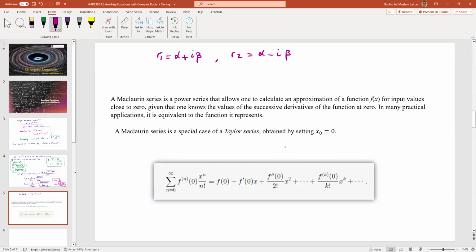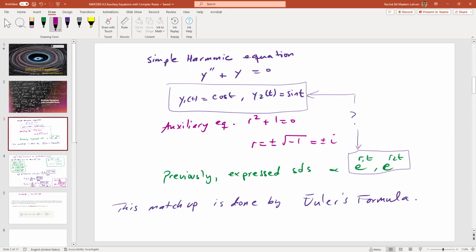But before we do that, let's show you something that we may run into. Remember, we're thinking that maybe we should connect these exponentials with cosine and sine.